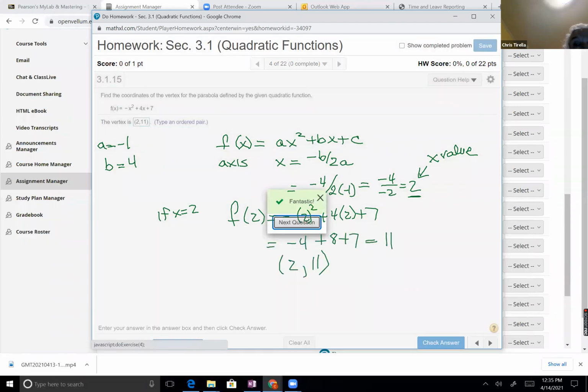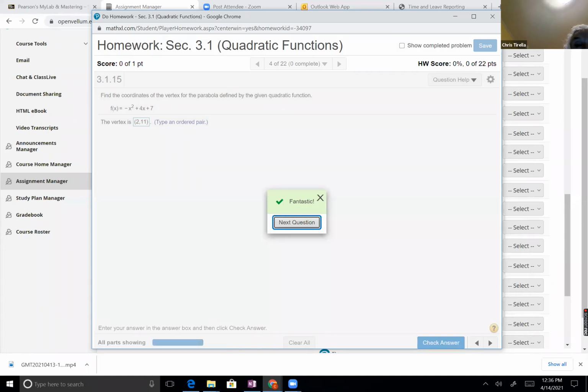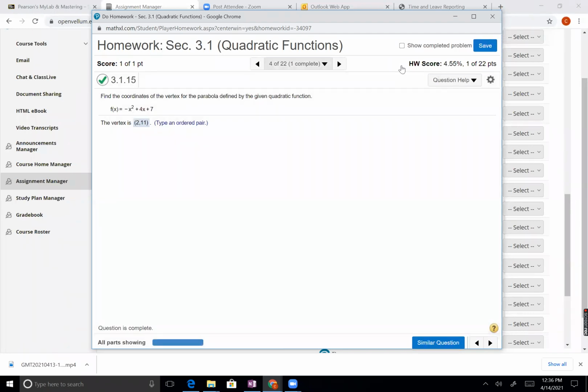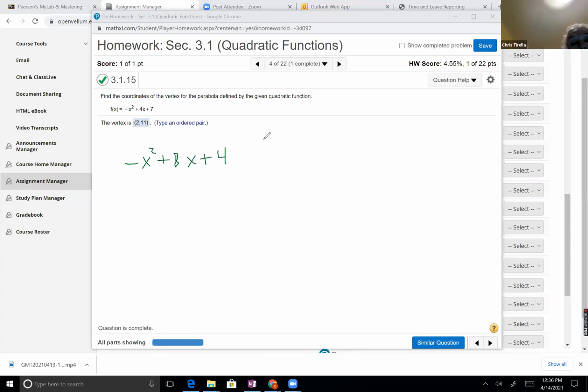All right, so what was the equation that you were given? f of x equals negative x squared plus 8x plus 4. The axis of symmetry, when you took negative b over 2a, did you get 4? Yep.